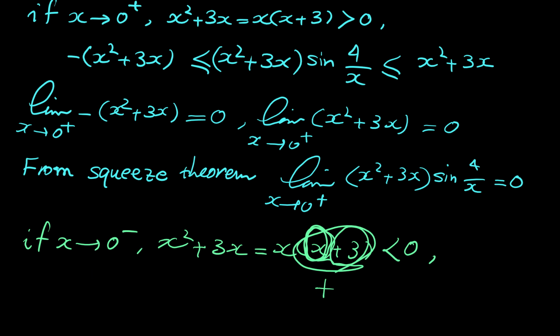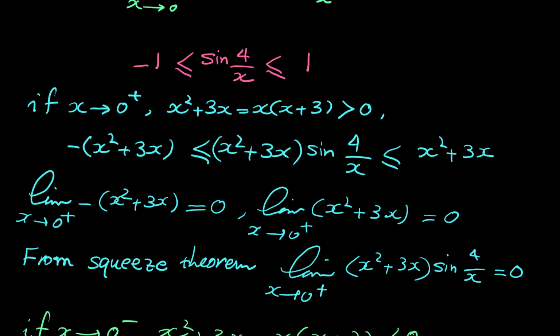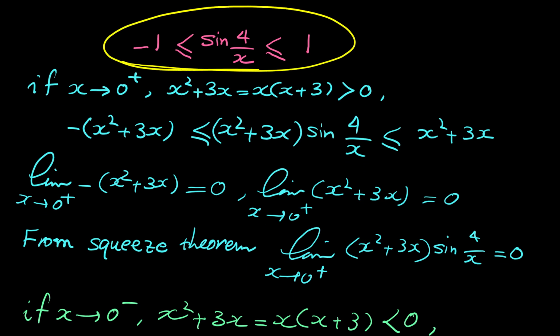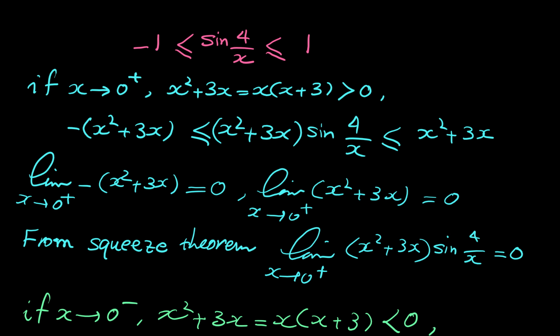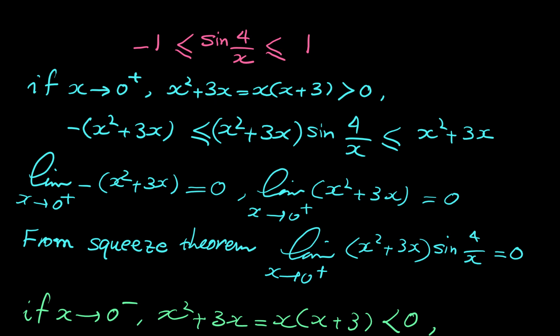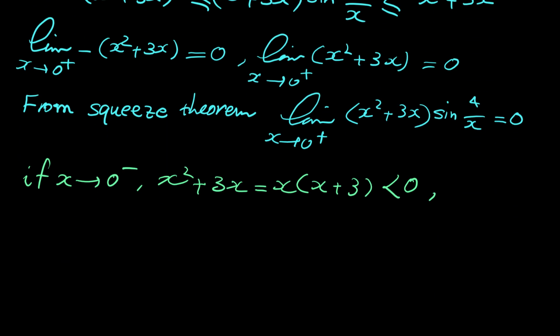So in this case, the expression that we want to multiply both sides of this relation by is negative. So when we multiply both sides of this relation by this expression, we have to flip these inequalities. We have to change the direction of the inequality.